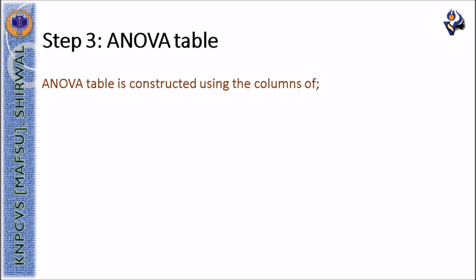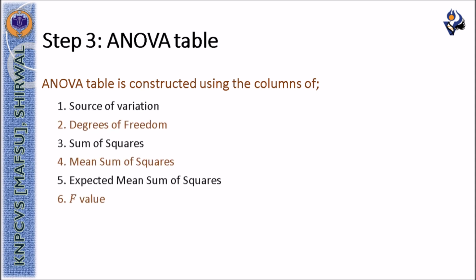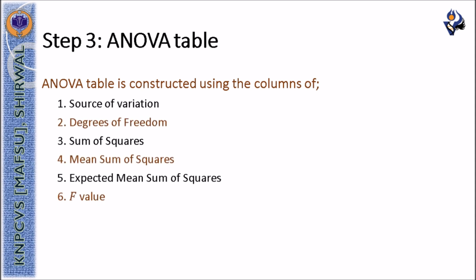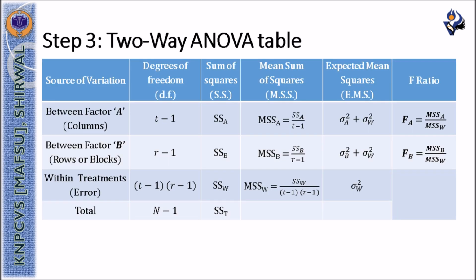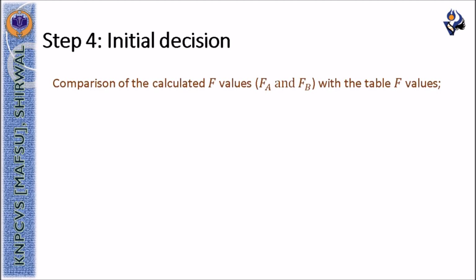The ANOVA table is constructed using the columns of the following entities, and the F ratio is calculated independently for the treatments and for the blocks. The initial decision will be based on comparison of the calculated F values with the respective table F values.